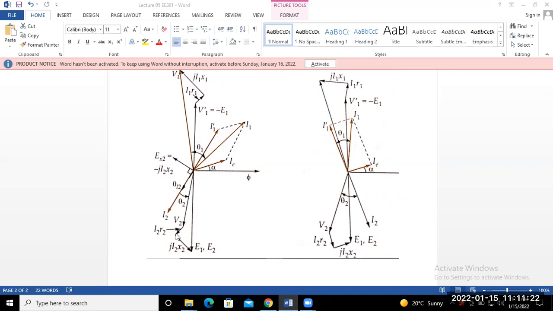So just draw the reactance drop of the secondary coil. That means 90° from this one, as you may be familiar with how to draw the phasor of the resistance drop R2. So this one is 90° from this I2R2 voltage drop.